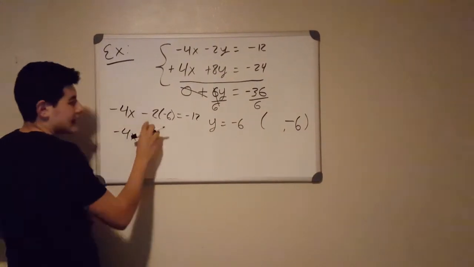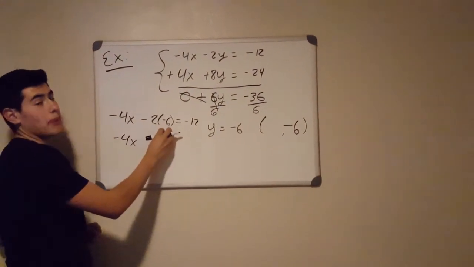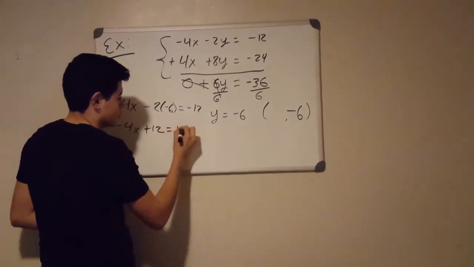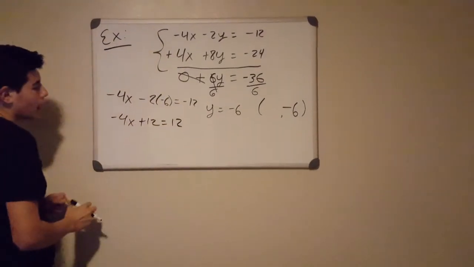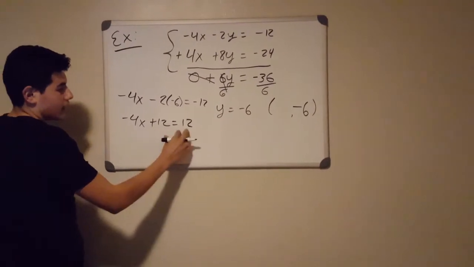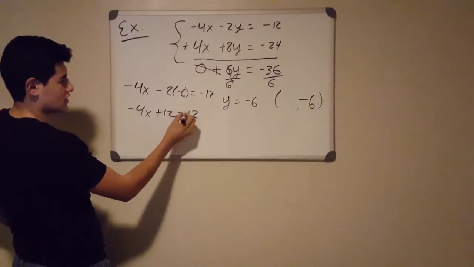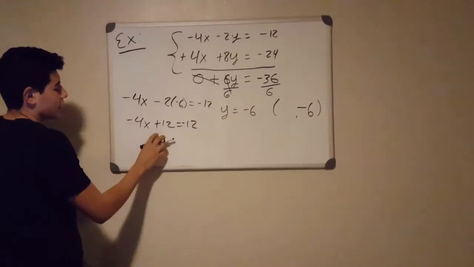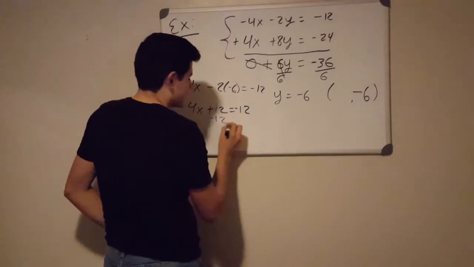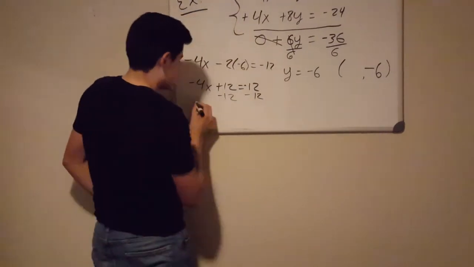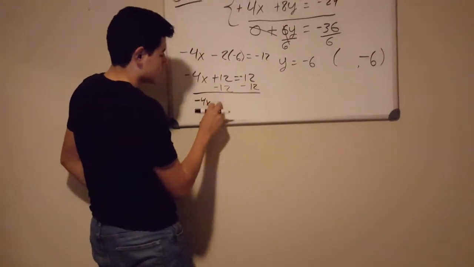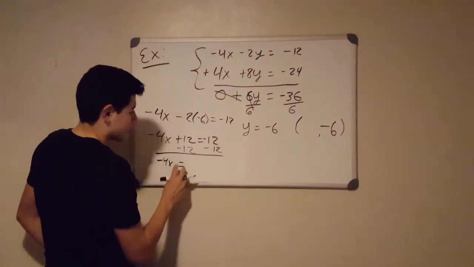Negative 4x, and negative 2 times negative 6 is positive 12, plus 12, which is equal to negative 12. Whoa, what did I do? That should be a negative 12. There we go. Now we're going to subtract 12. So we get negative 4x, and 12 minus 12 is 0, so we write nothing there.